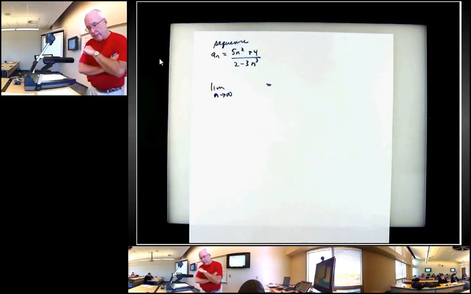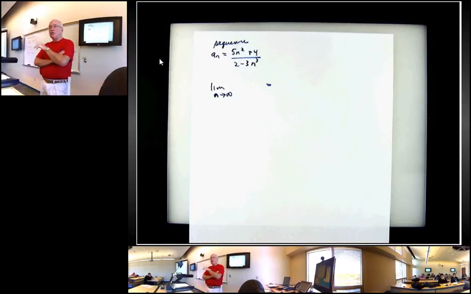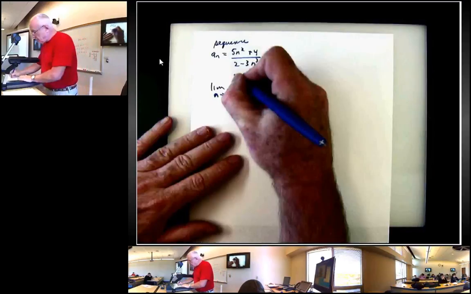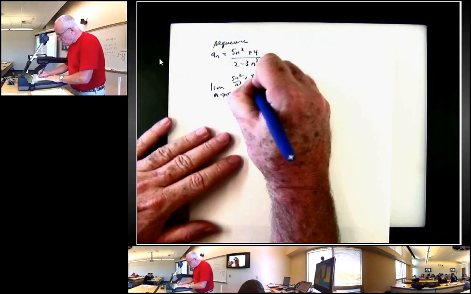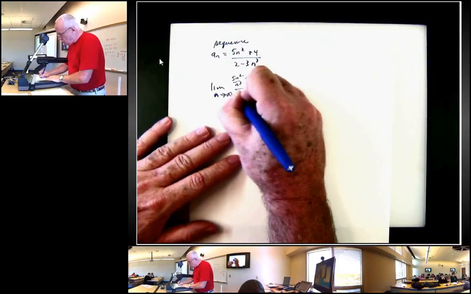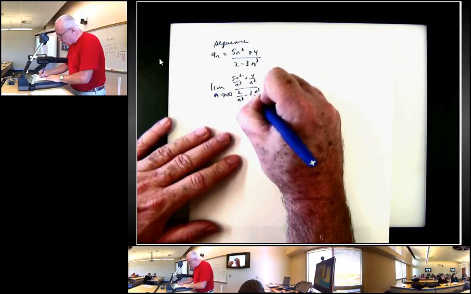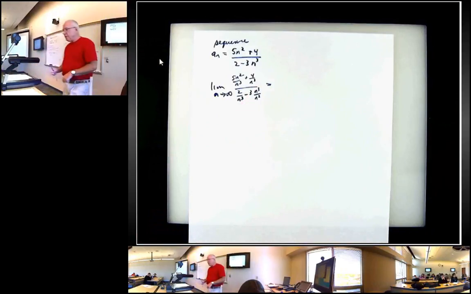Yes, exactly. So you've redeemed yourself. We do divide all the terms by the biggest exponent that we find, and the biggest exponent is n to the third. So we take 5n squared over n to the third plus 4 over n to the third, over 2 over n to the third minus 3n to the third over n to the third. Okay, so this is a systematic way to figure this out.